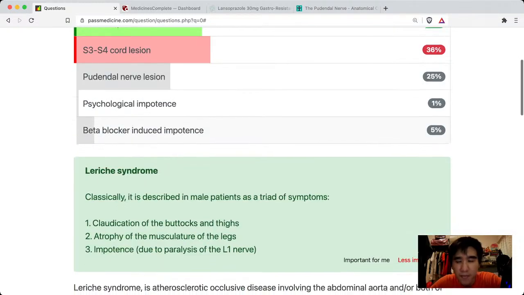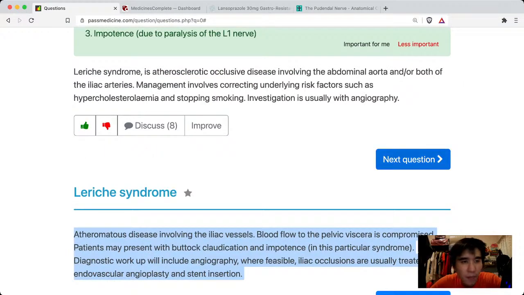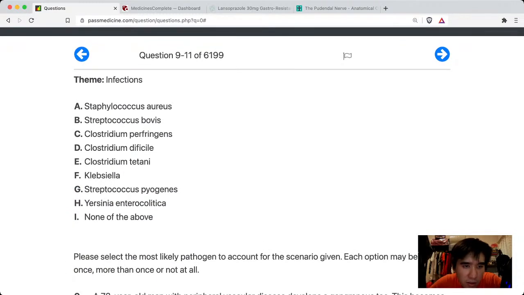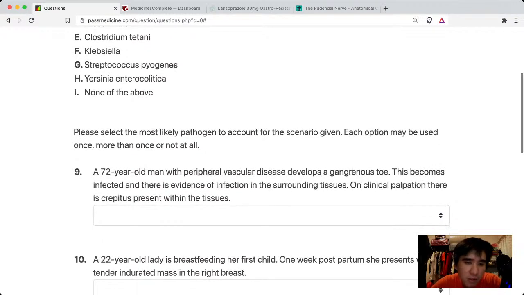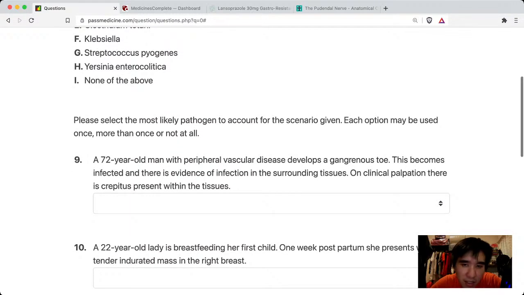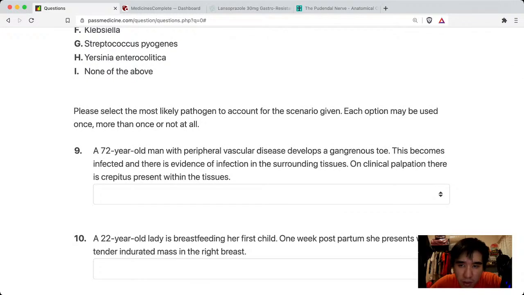Okay. Next question. Infections. These are different organisms. Please select the most likely pathogen to account for the scenario given. Each option may be used once, more than once, or not at all. A 72-year-old man with peripheral vascular disease develops a gangrenous toe.